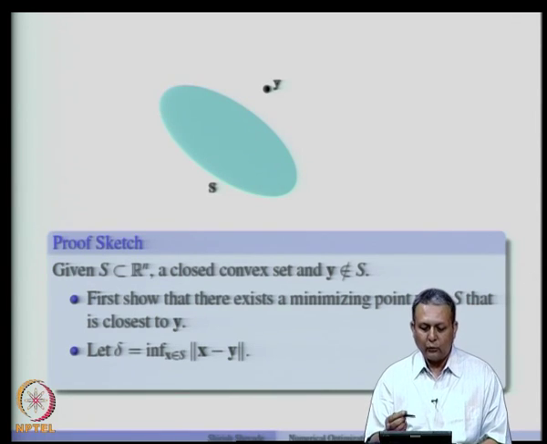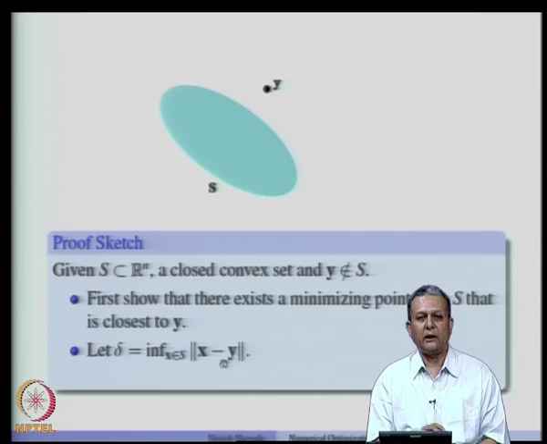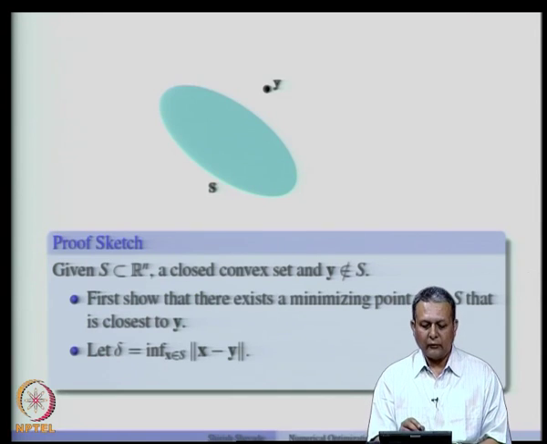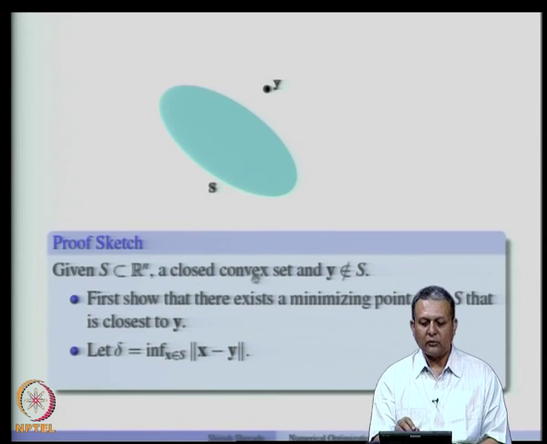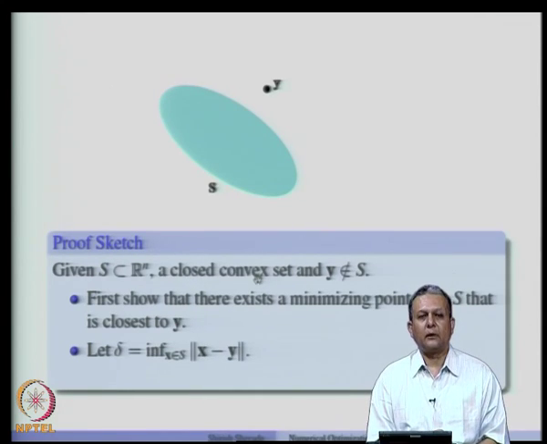Okay. Now, let us look at this function norm x minus y. Norm x minus y as a function of x is a continuous function. So, we are trying to minimize a continuous function. Now, look at the set S. We have just said that the set S is a closed convex set. Now, if you recall, Weierstrass theorem says that if you want to minimize a continuous function over a closed bounded set, then the minimum and maximum exist in the set.